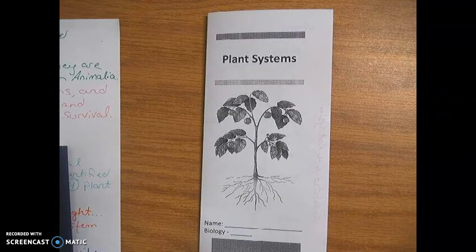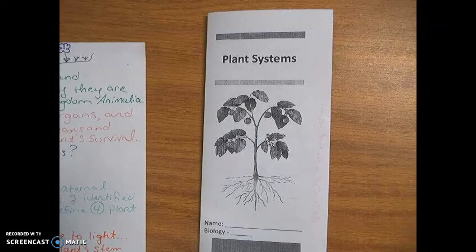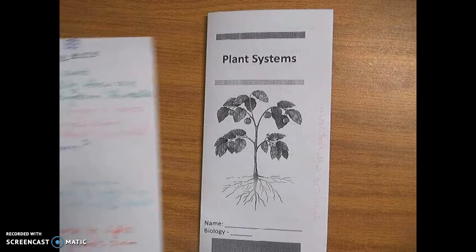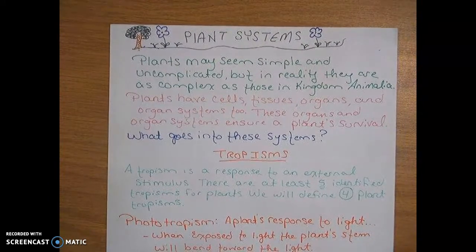And so some of the things that I've written down for you to think about as you were making your foldable, I have it right here. So plant systems may seem simple and uncomplicated, but they are just as complex as we are. And I gave you some reasons why, and then I rewrote it here for you. They have cells, tissues, organs, and organ systems too. And these all ensure the plant's survival.